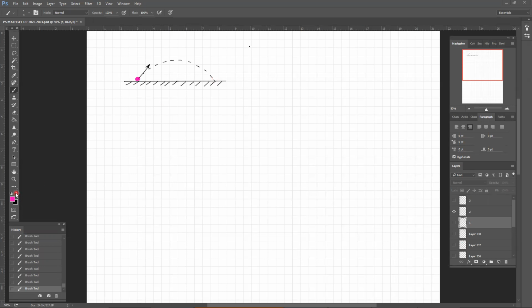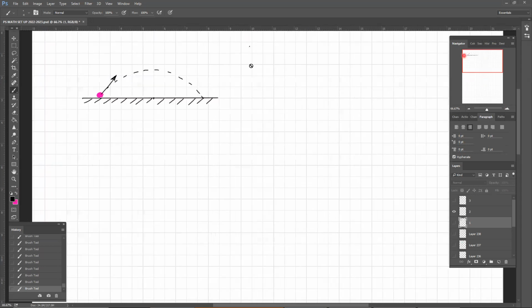It has a distinctive maximum, let's say right here. Actually, the question about what's the maximum height is a very common question.